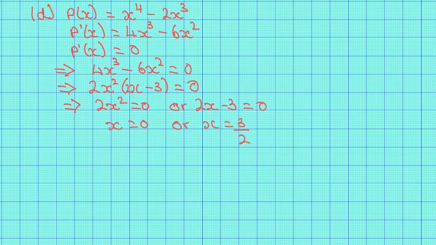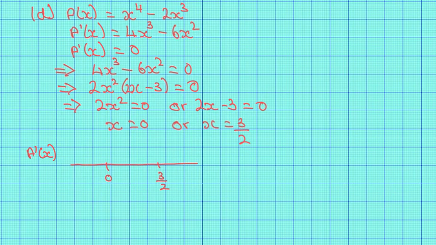Now do a sine diagram. So let's have a look. We've got x is 0, x is 3 over 2. So this is for f dash of x. So we need to test something below 0, so minus 1.